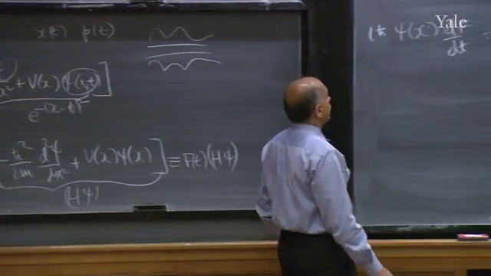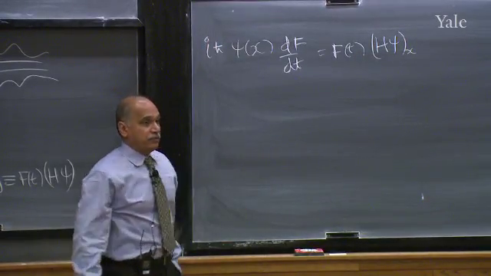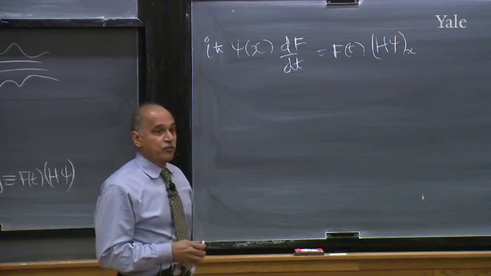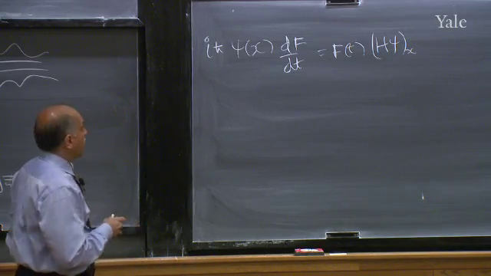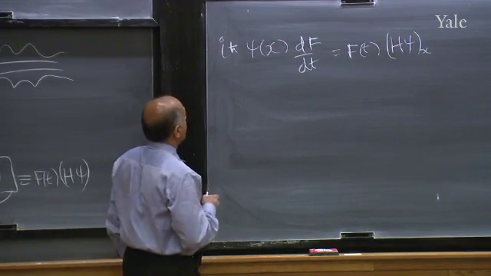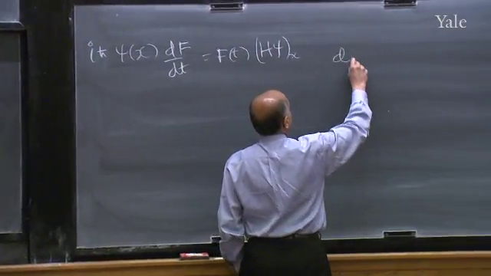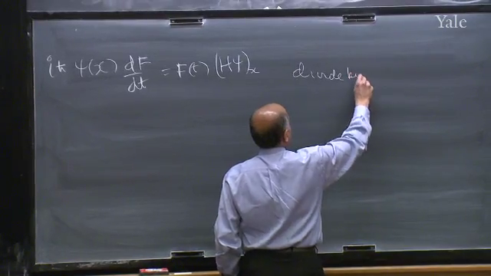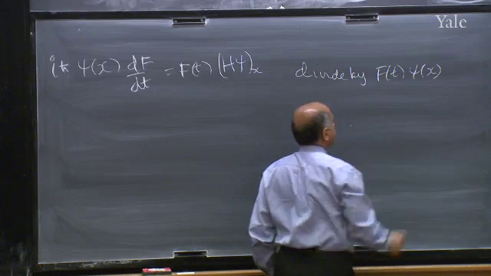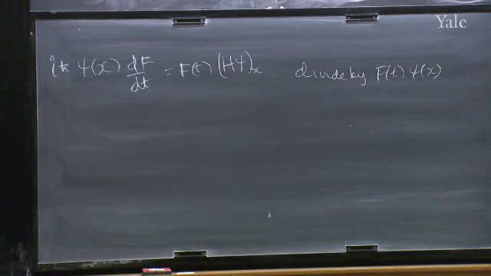Okay, now this is a trick which if you learned, you will be quite pleased, because you will find that as you do more and more stuff, at least in physics or economics or statistics, the trick is a very old trick. The problem is quantum mechanics, but the mathematics is very old. So what do you do next? You divide both sides by psi f. So I say divide by f of t psi of x. What do you think will happen?